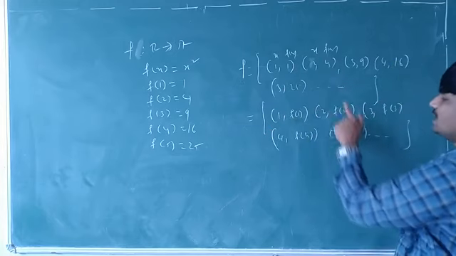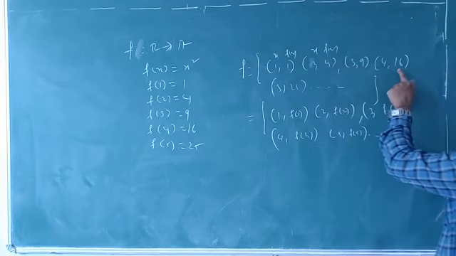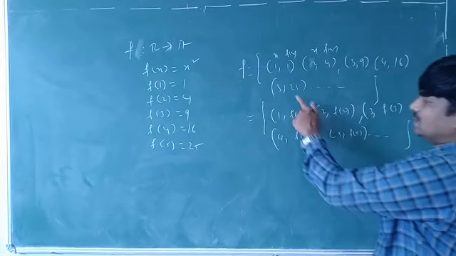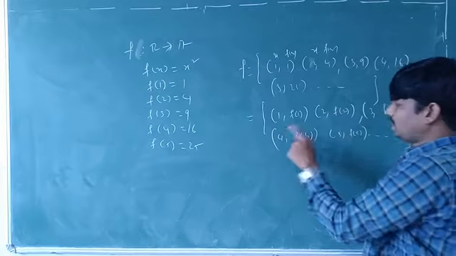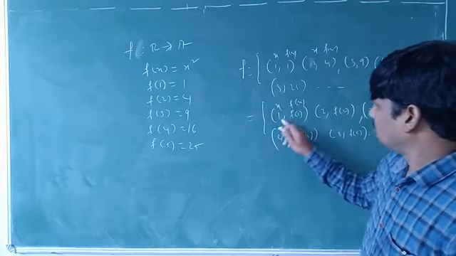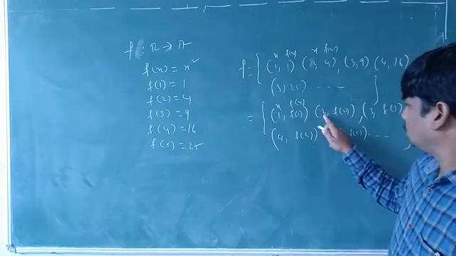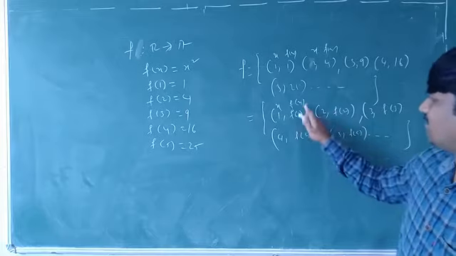For 4 you write f of 2. For 9 you write f of 3. For 16 you write f of 4. For 25 you write f of 5 and so on. It is x, and this is f of x. Whatever x value you take, that value is f of x. It is 2, f of 2.